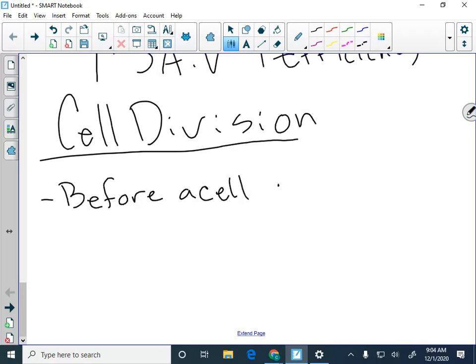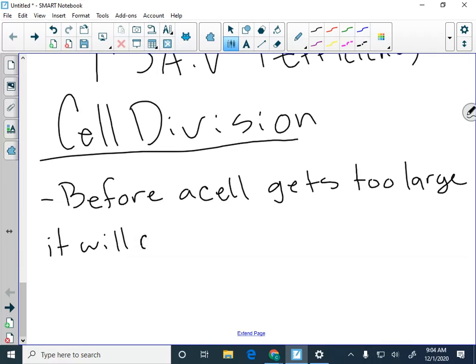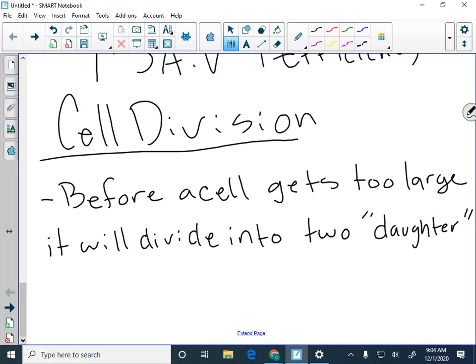Before a cell gets too large, it will divide into 2 daughter cells.